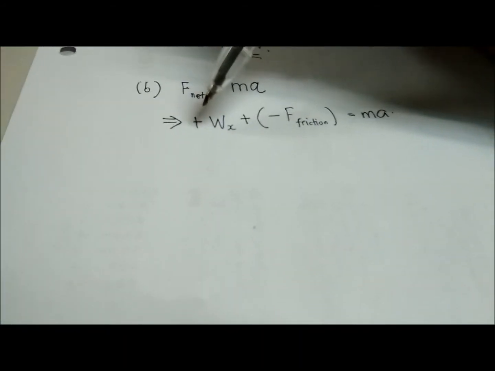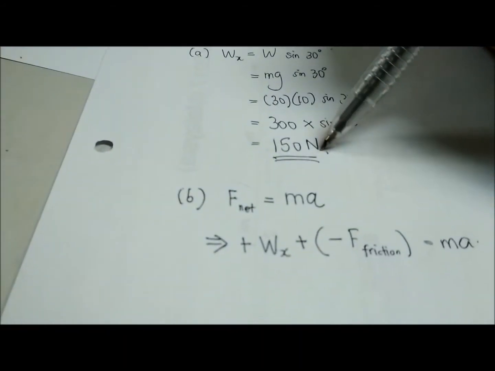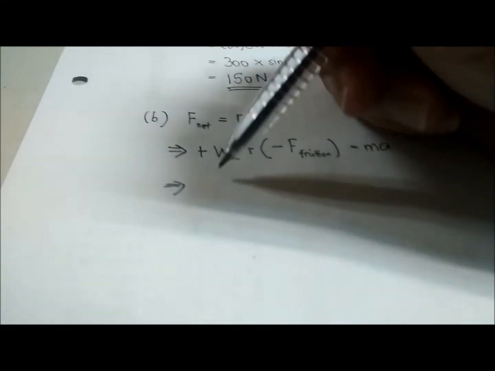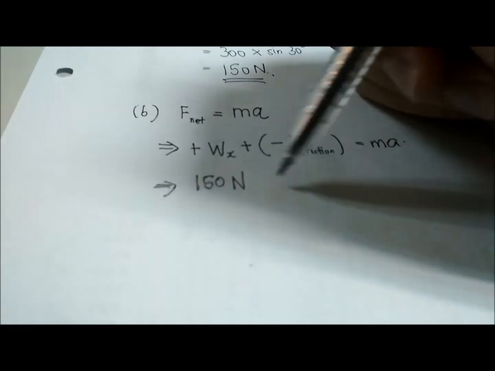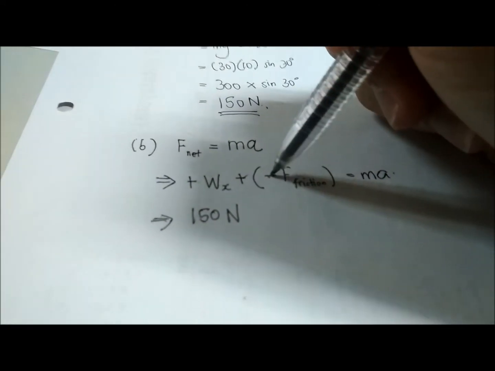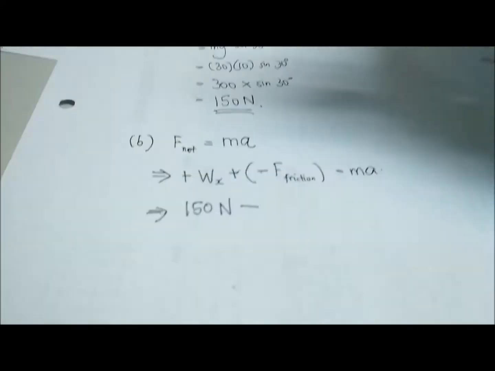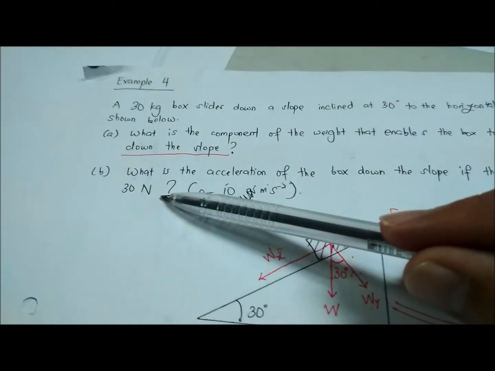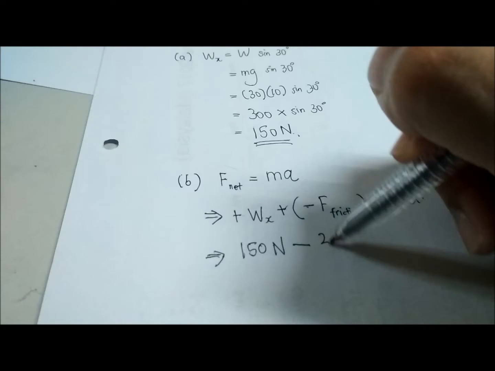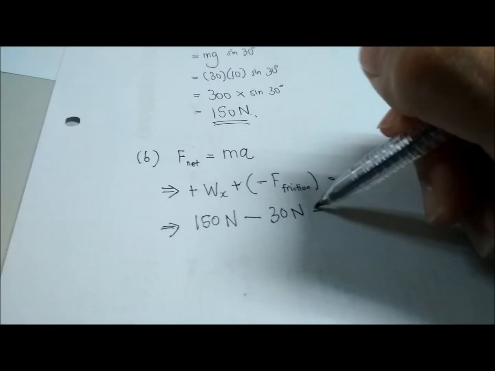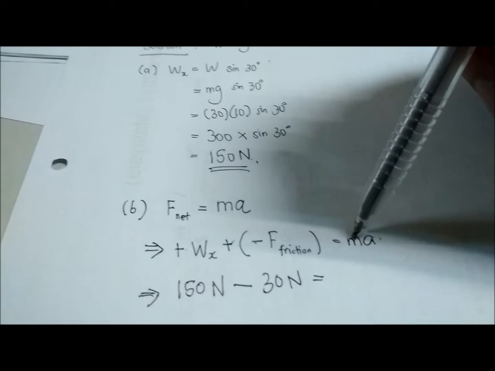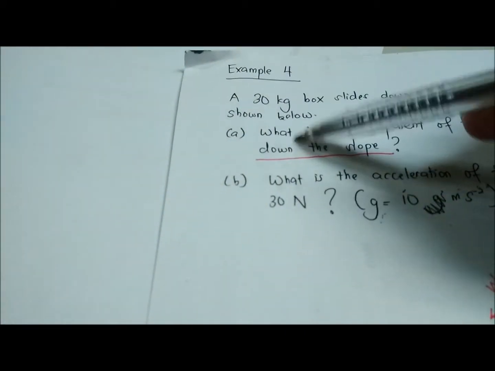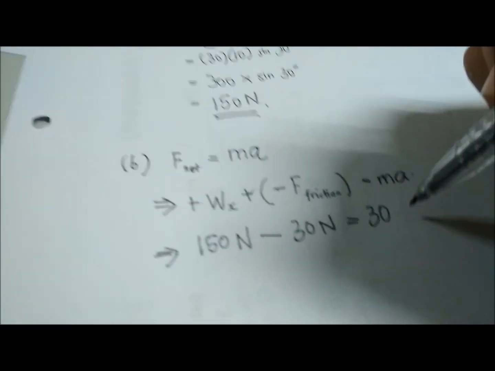What's the value of Wx? Wx is positive 150 Newtons, plus negative friction. The value of friction is 30 Newtons, equals the mass of the box, which is 30 kilograms, times the acceleration.